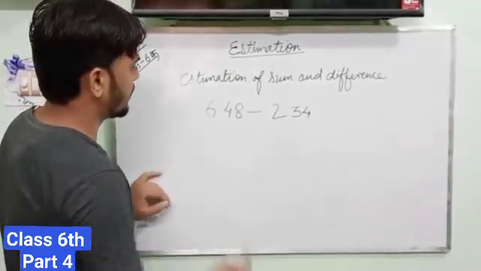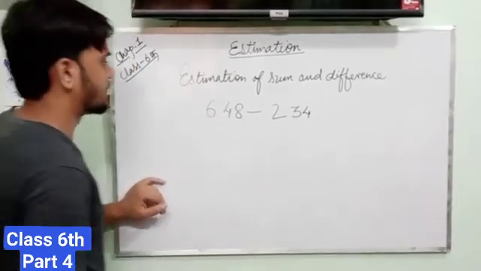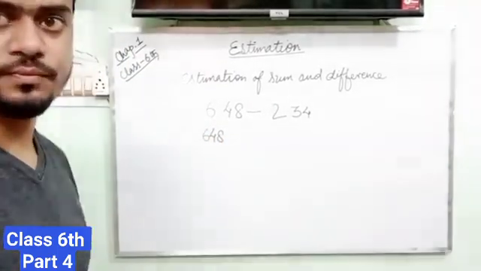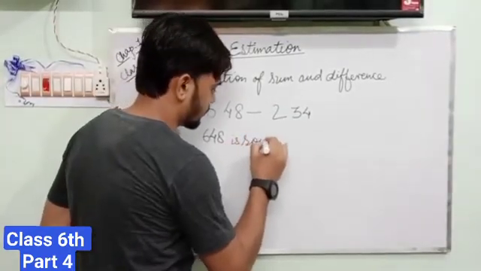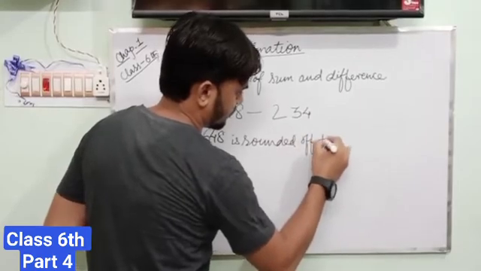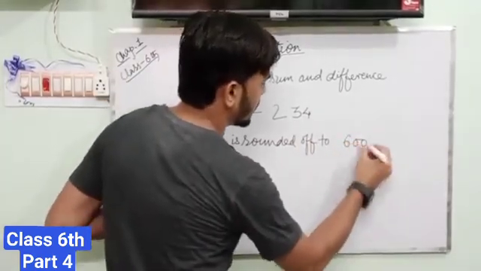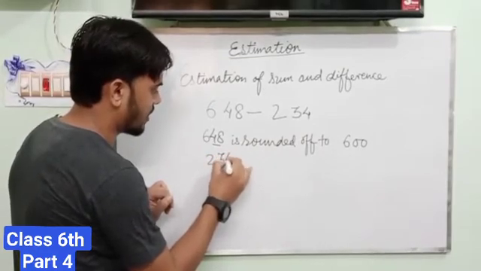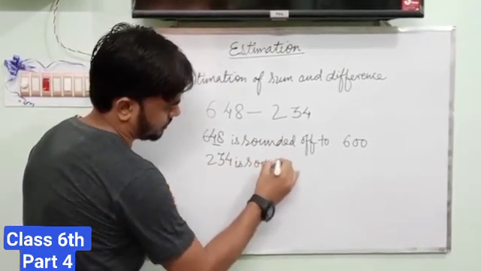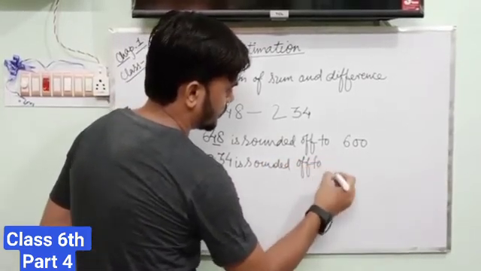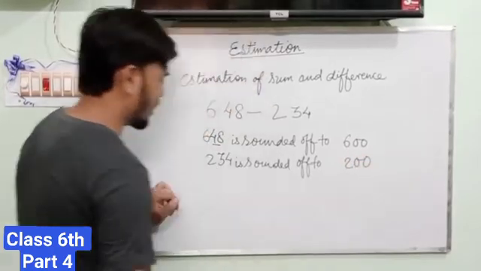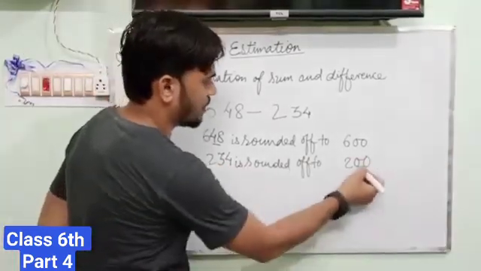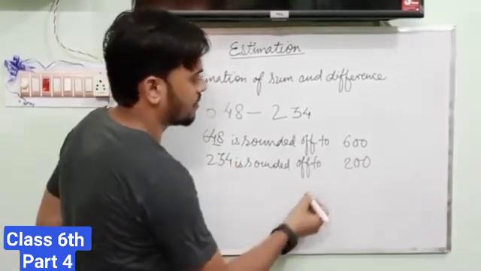So first we examine the tens digit. 648 is rounded off to 600, because the tens digit 4 is less than 5, and 234 is rounded off to 200, because its tens digit 3 is less than 5, so 3 and 4 are replaced by 0 and 2 will be the same.